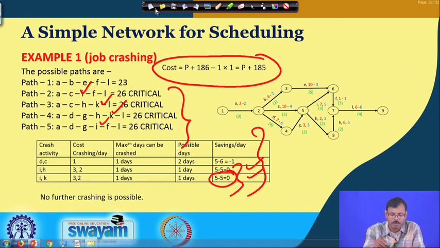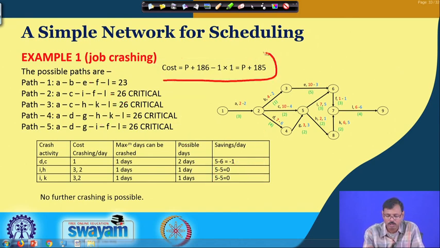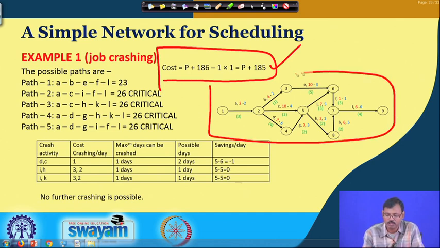So our optimum cost for completing this schedule is P plus 185, with less duration than the normal schedule, and that gives us additional profit of around 30 units compared to the normal duration.